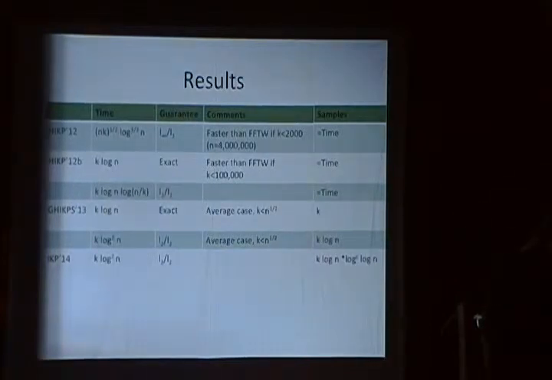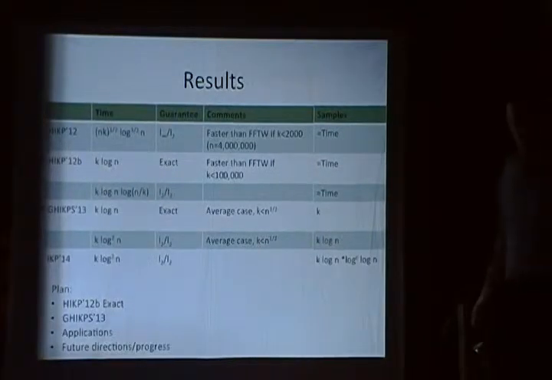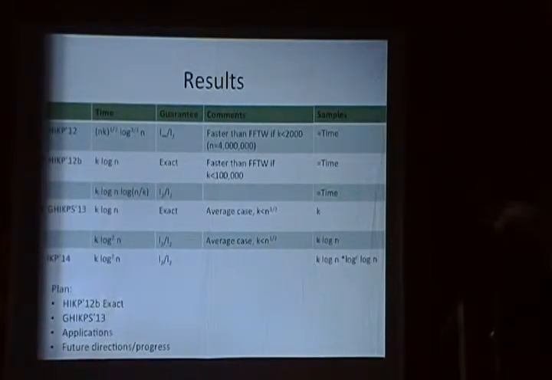Now, I won't be able to talk about all of these things. So the plan over the next part is to go over this algorithm and this algorithm. Part of the reason is that this algorithm uses techniques which can also be used here and here, so many of the techniques are shared.